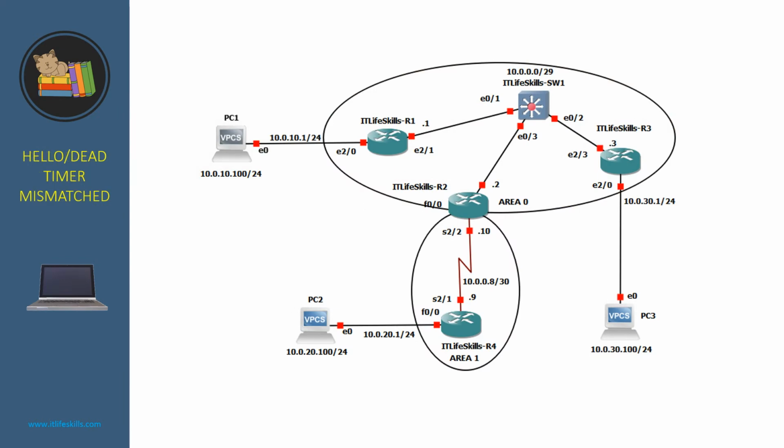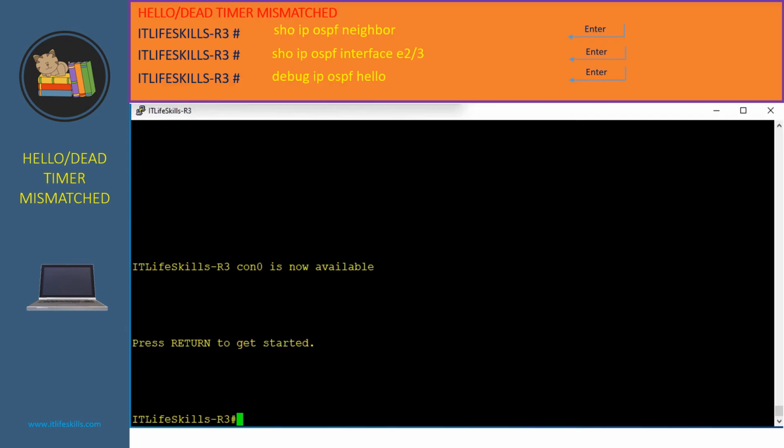As you may remember, with OSPF, the default hello timer is 10 seconds and the default dead timer is 40 seconds. Let's configure the hello timer as 5 and the dead timer as 20 on IT Life Skills router 3 to see what happens.